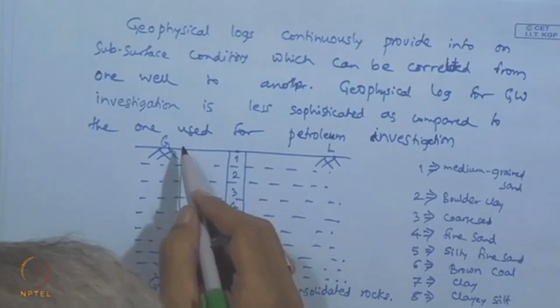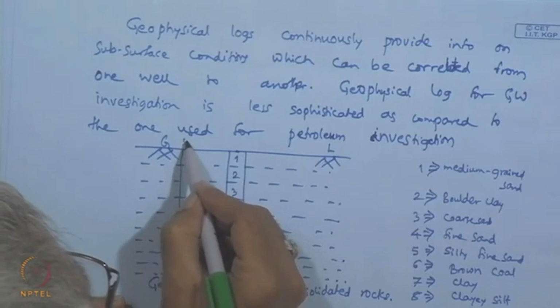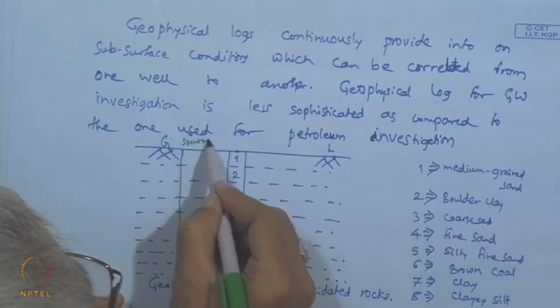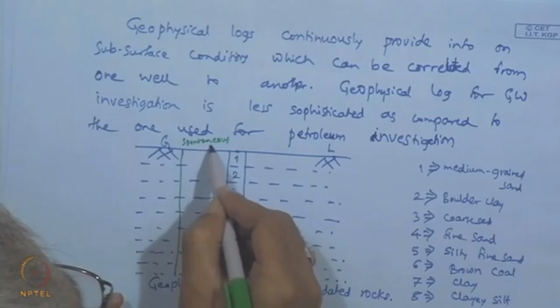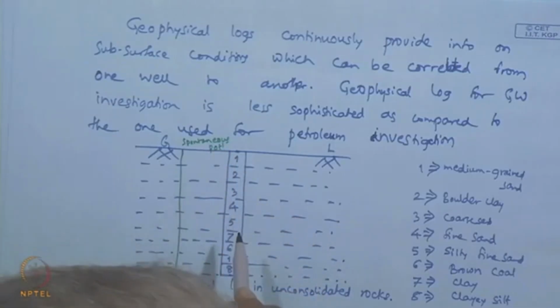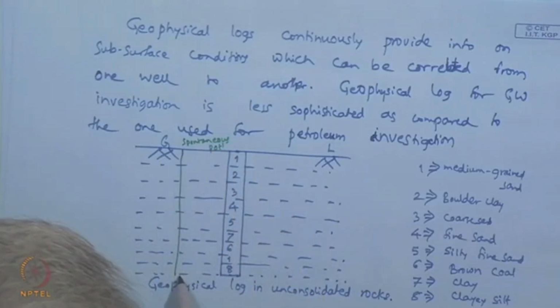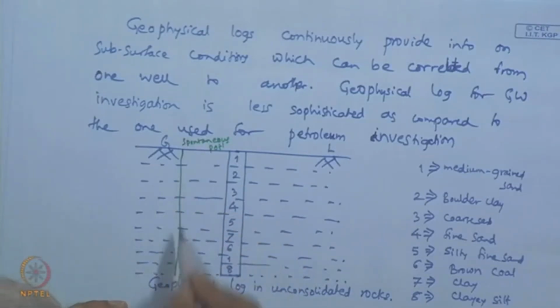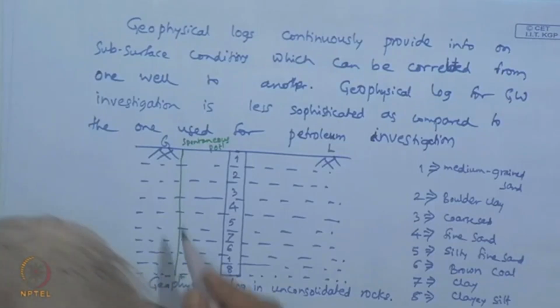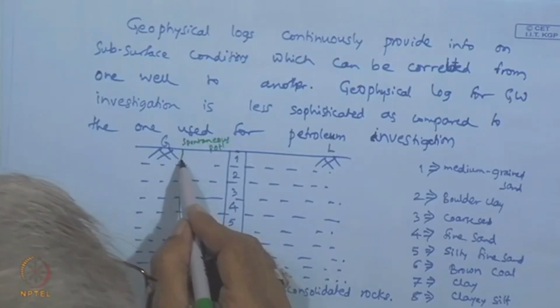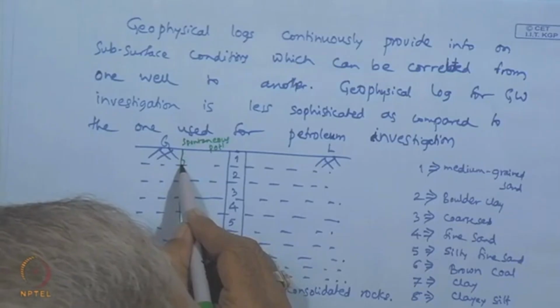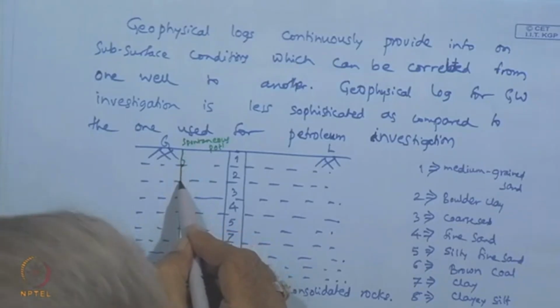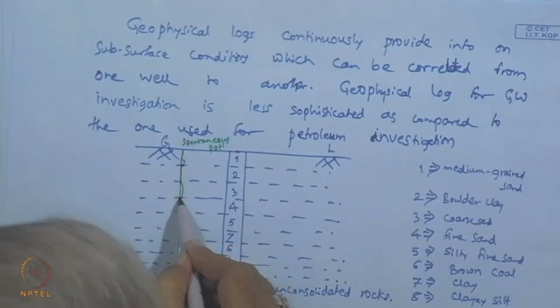Suppose here we are plotting the spontaneous potential, where the positive potential is shown on the right side of this vertical line, and negative potential is shown on the left side of the vertical line.